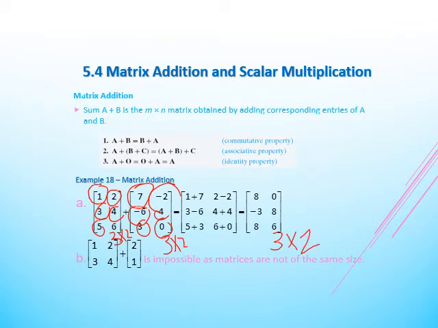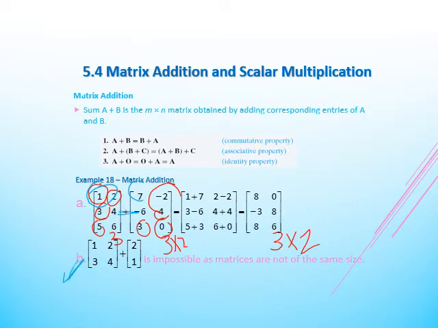The same calculations apply if we have a subtraction sign. If we subtract the two matrices, we do the same steps by subtracting each number from the corresponding number in the next matrix.